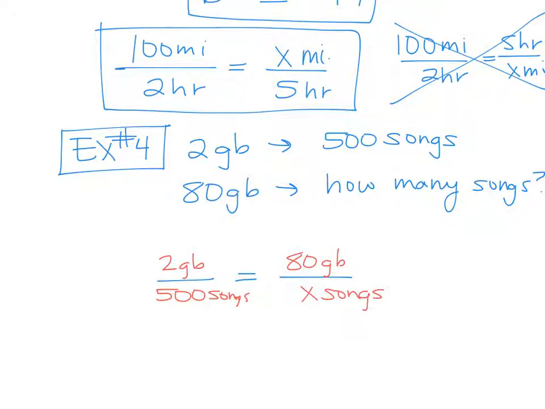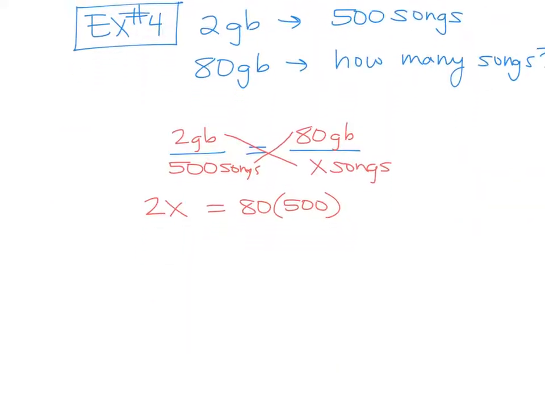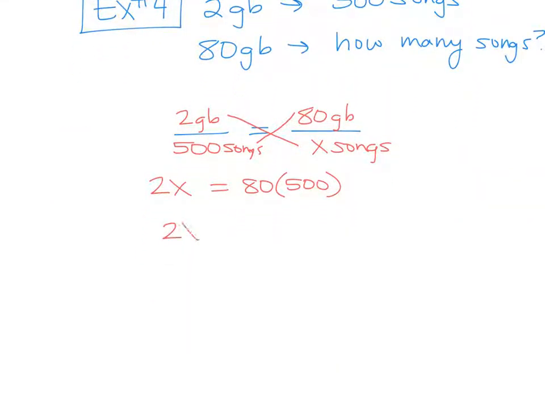Do you do it the same way you did the first one? You're going to cross multiply, right? So it's going to be 2 times X, don't worry about labels right now, equals 80 times 500. So if we simplify that, you get 2x equals 40,000.